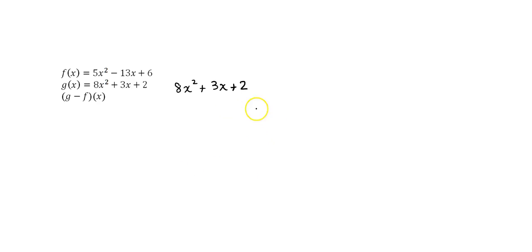And now I'm going to subtract my f. So my f is going to be the 5x squared minus 13x plus 6. And then I'm going to go ahead and distribute that negative all the way through.